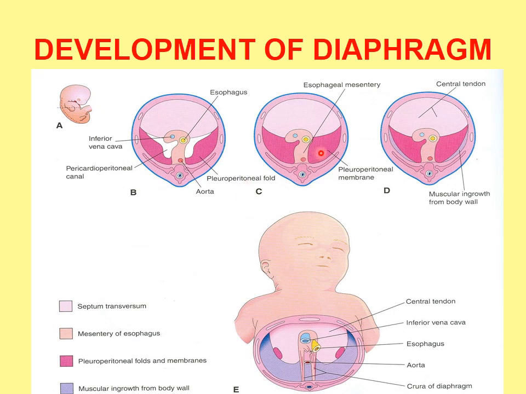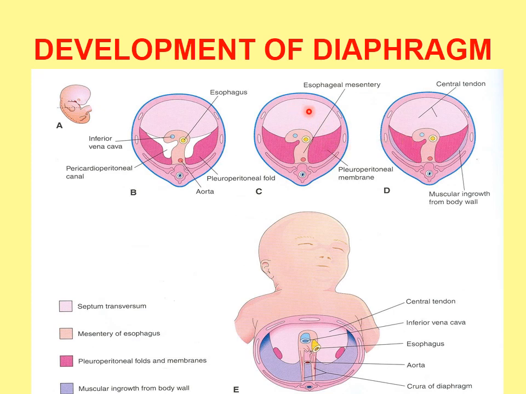When this fold fuses with the dorsal mesentery of the esophagus, in which the esophagus is lying and which attaches it to the dorsal body wall, and also fuses ventrally with the septum transversum, it makes a complete partition by filling up the gap of the pericardio-peritoneal canal. This complete partition now separates the abdominal and thoracic cavities.